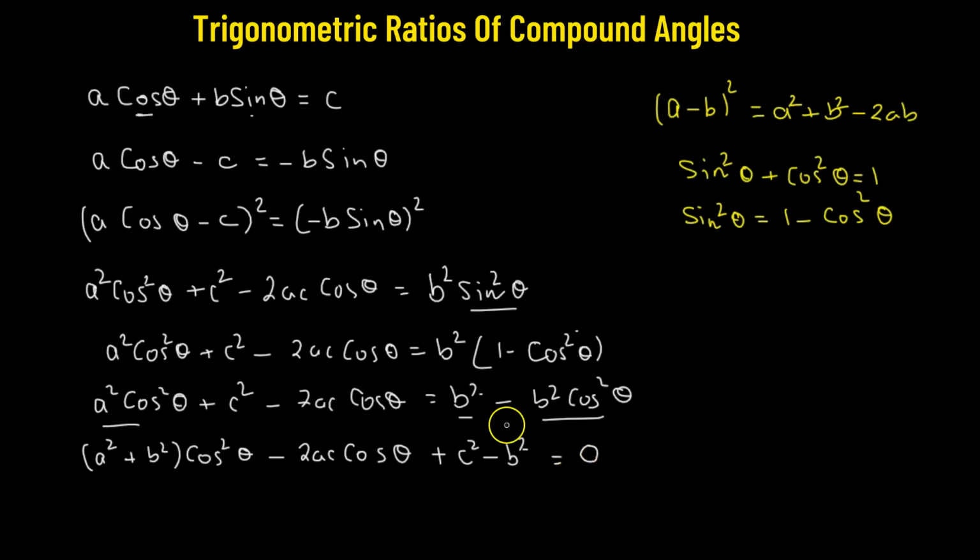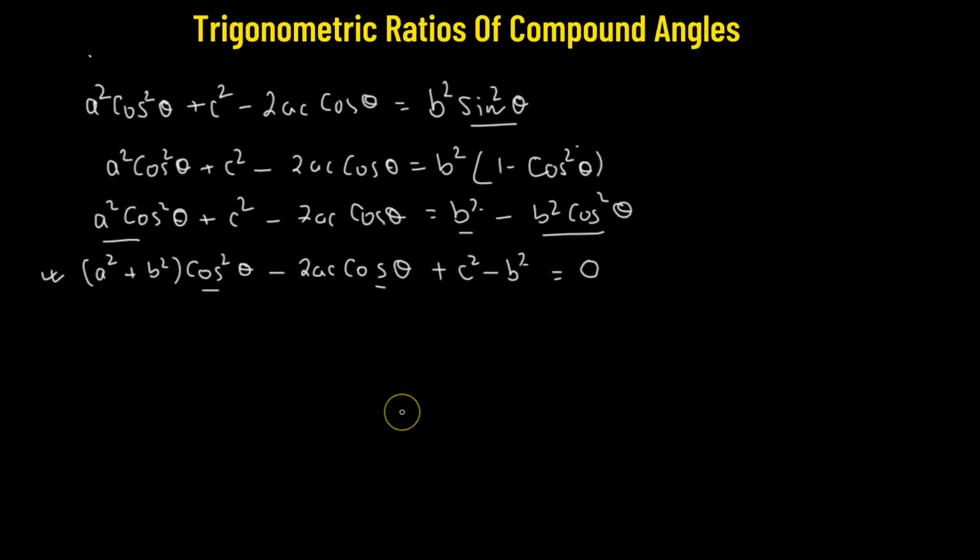Now what we have here is a standard quadratic equation. We started out with a cosine theta plus b sine theta equals c, and doing some algebraic and trigonometric manipulation, we obtained a new equation entirely in terms of cosine theta, and this is a quadratic equation.